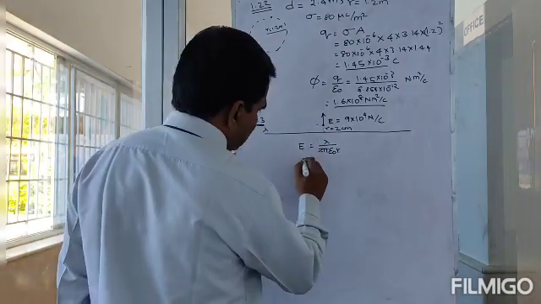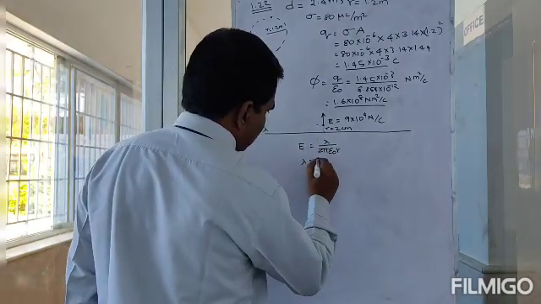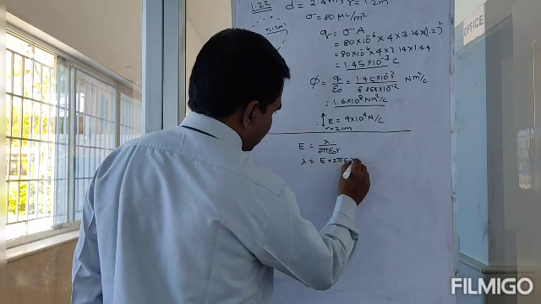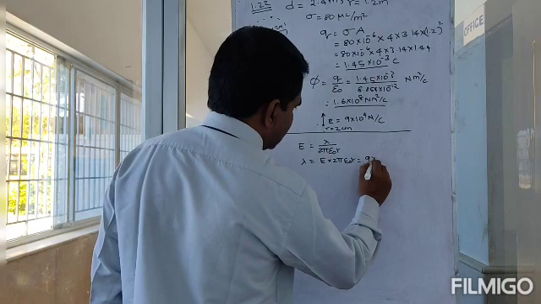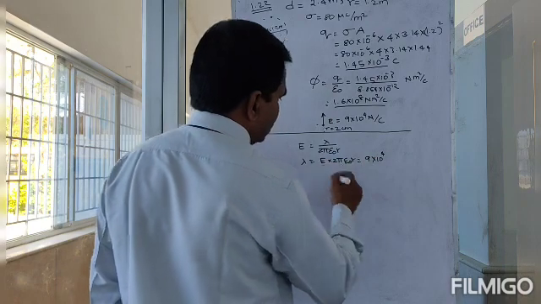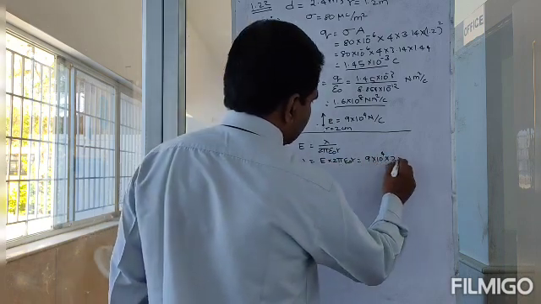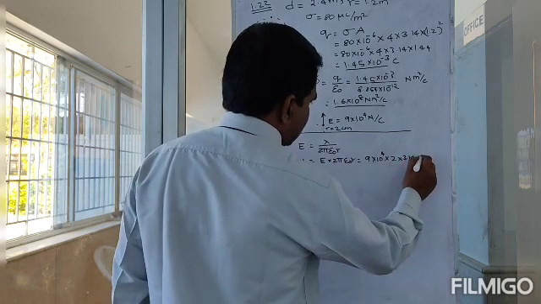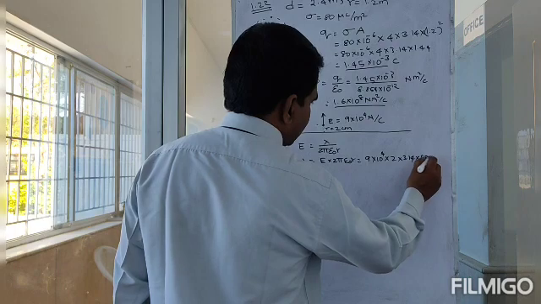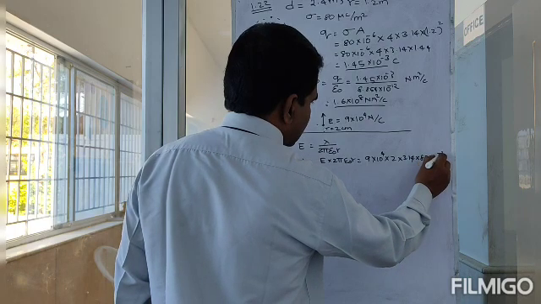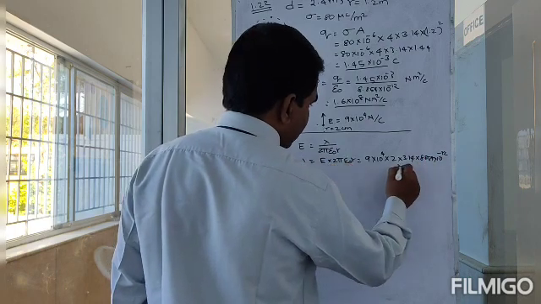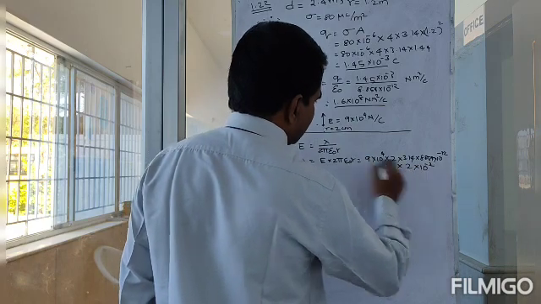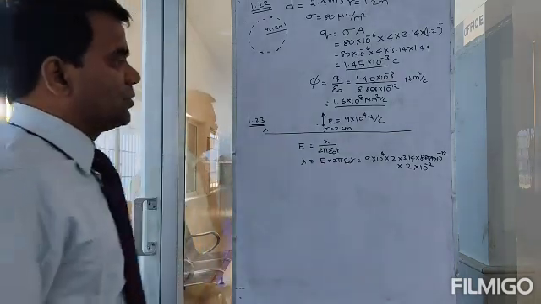So lambda is equal to E into 2 pi epsilon naught R. What is E? 9 into 10 to the power 4 into 2 into 3.14 for pi, 8.854 into 10 to the power minus 12 for epsilon naught, and then R is 2 into 10 power minus 2 meters, 2 centimeters.